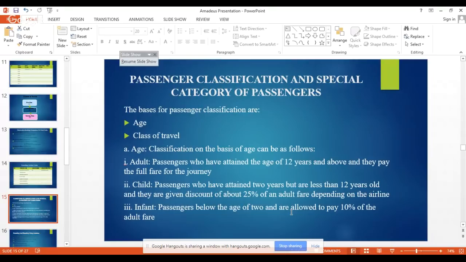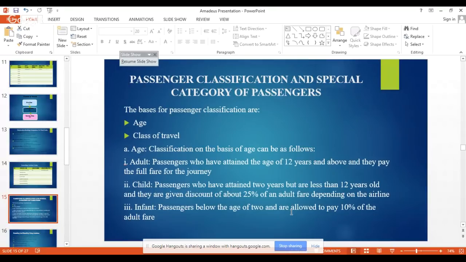Firstly, let's talk about adults. Adults are passengers who have attained the age of 12 years and above, and they pay the full fare for the journey. So once a passenger is 12 years old and above, he or she is classified as an adult, and has to pay the full fare for that journey.